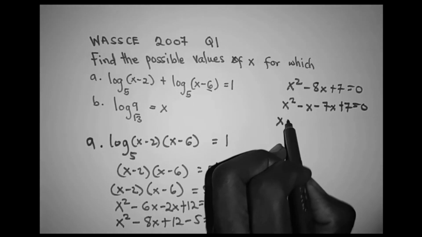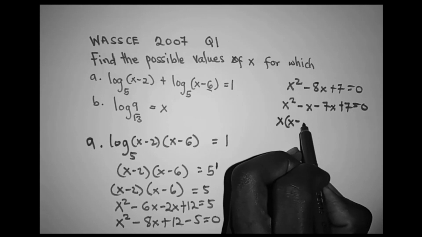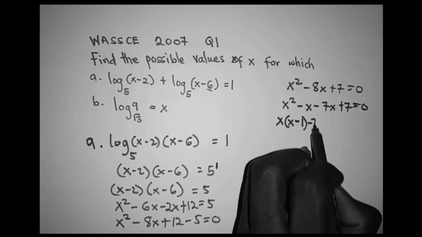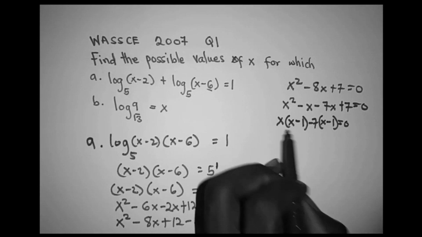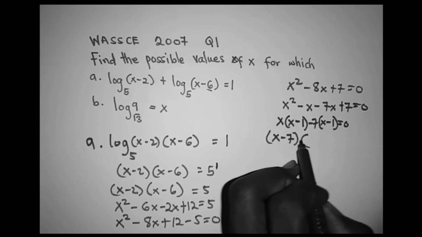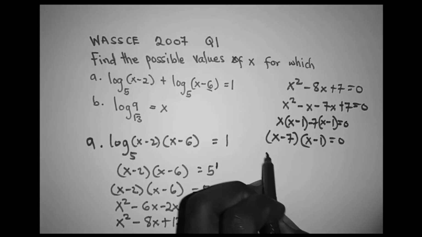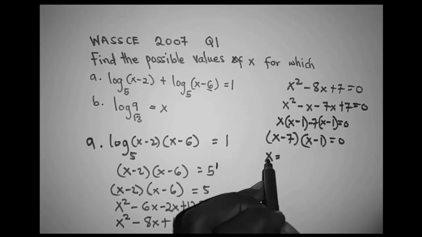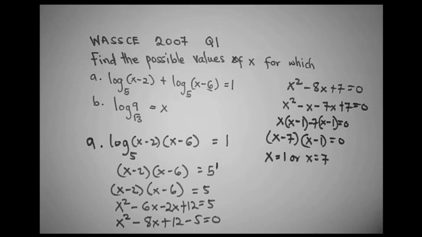So we can factorize x out, and minus 7 out. So in one bracket, we have x minus 7, then in another bracket, we have x minus 1, equals 0. So the values of x are x equals 1 or x equals 7.